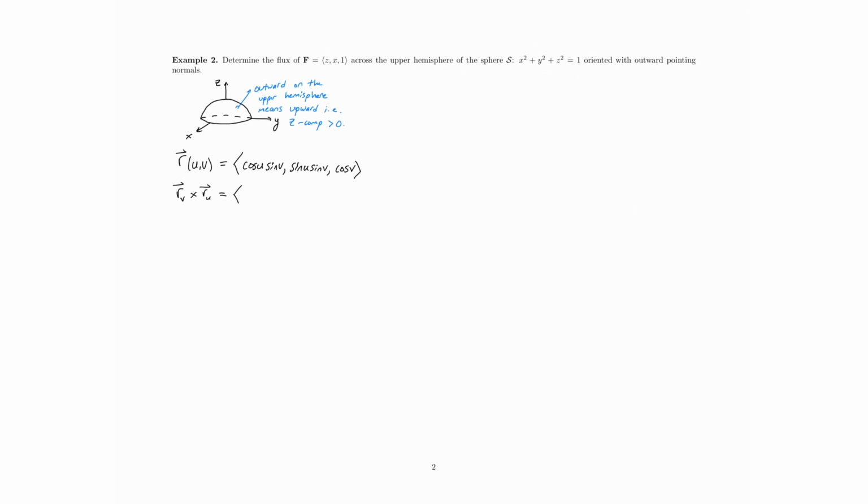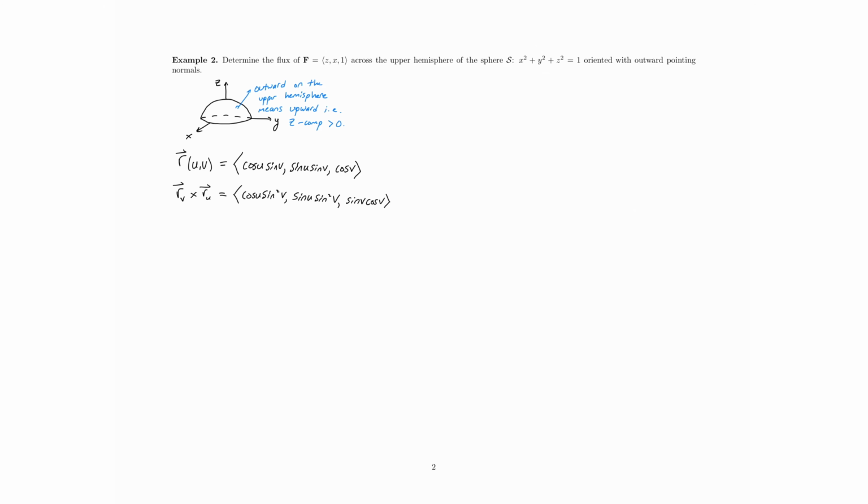Doing so produces the vector cosine u sine squared v, sine u sine squared v, sine v cosine v.